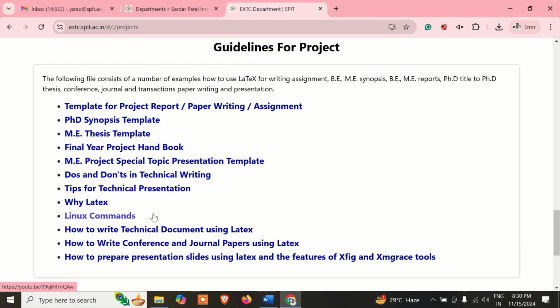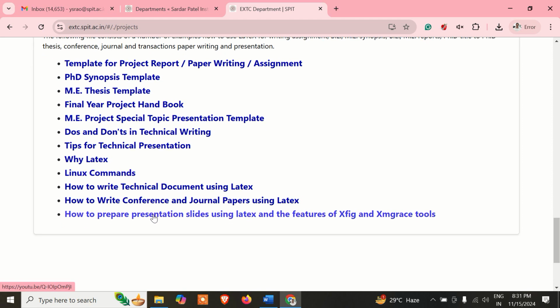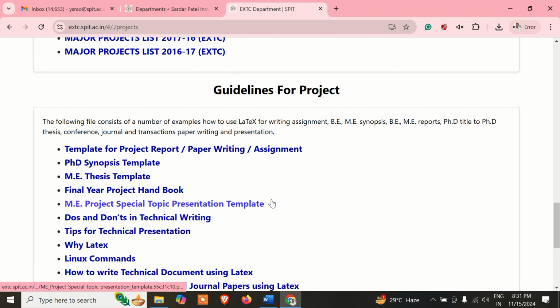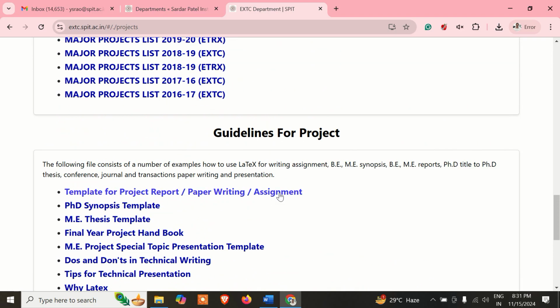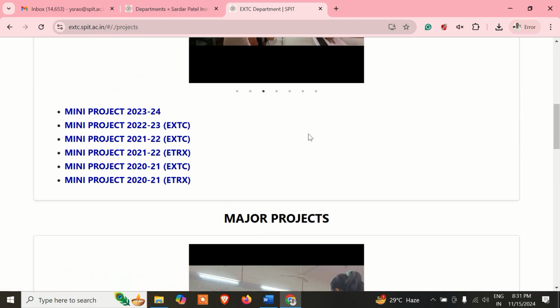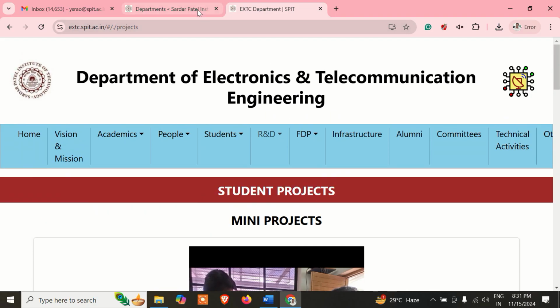Similarly, for LaTeX, what are the Linux commands, how to write conference papers and journal papers, and how to use other open source tools. So these are various resources with audio video templates provided under this link, extcspit.ac.in projects.